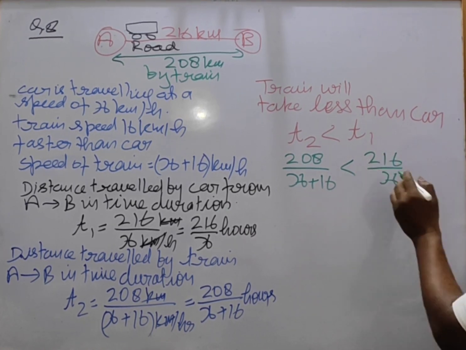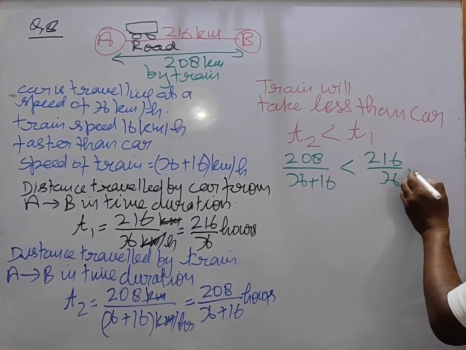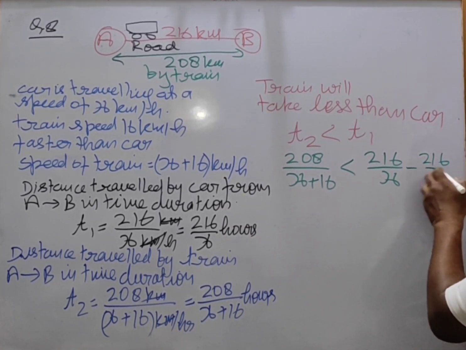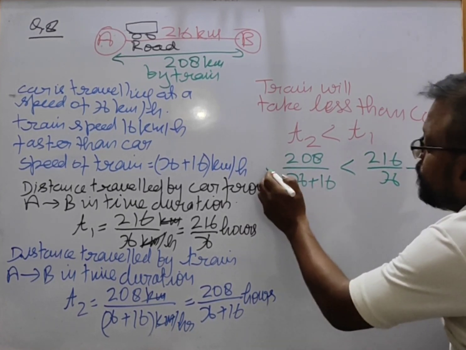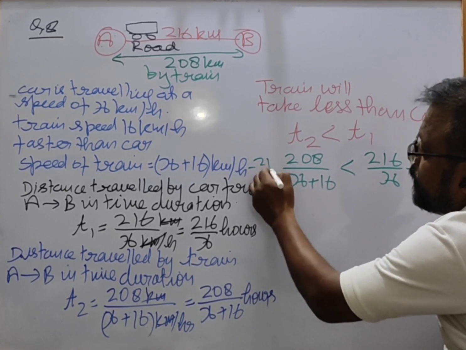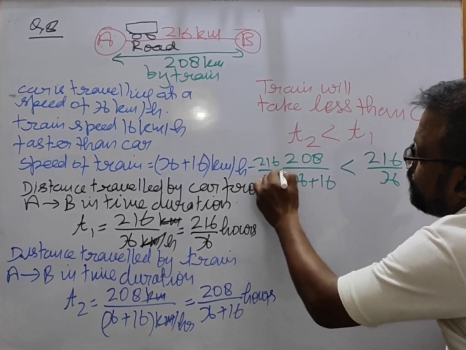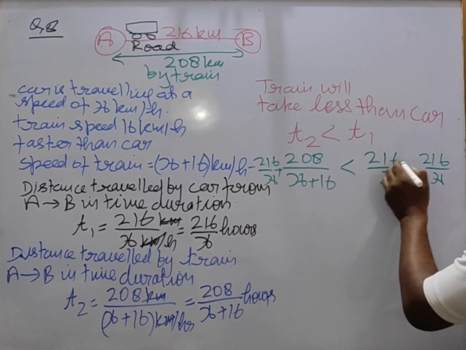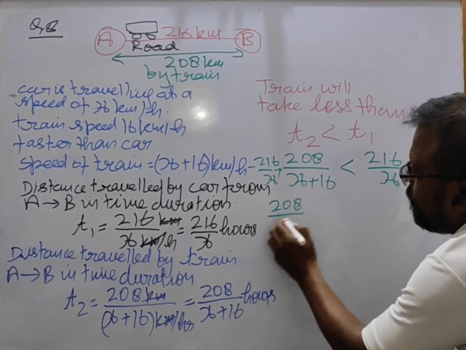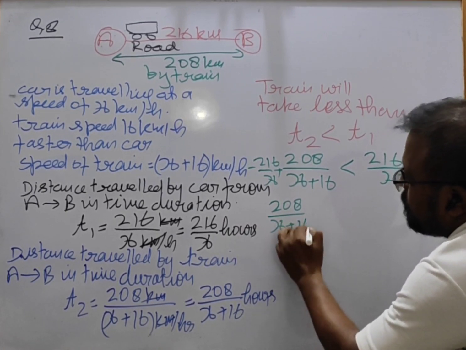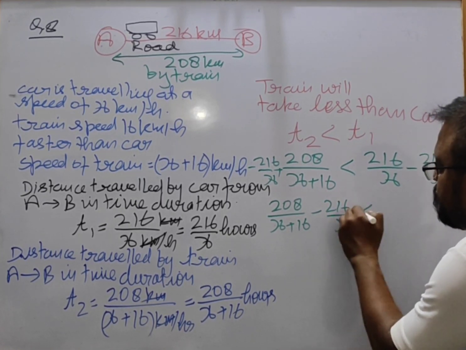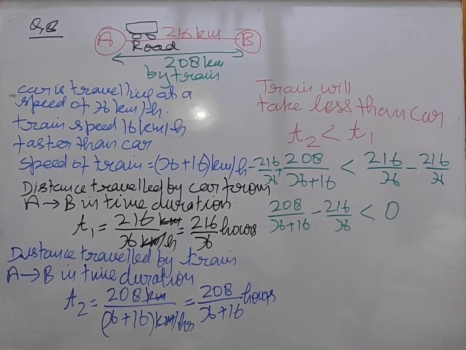If we subtract 216 upon x from both sides, this turns to be 0. So we can write 208 upon x plus 16 minus 216 upon x is less than 0, right?